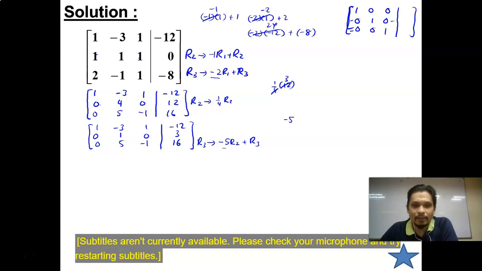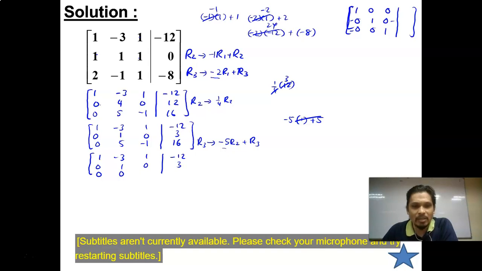At this moment R2 is 1, and R3 is 5. The instruction is for row 3, so nothing changed in row 1 and row 2. So 1, negative 3, 1, negative 12, then 0, 1, 0, 3. Negative 5 times 0 is 0. Negative 5 times 1 equals negative 5, plus 5 equals 0.